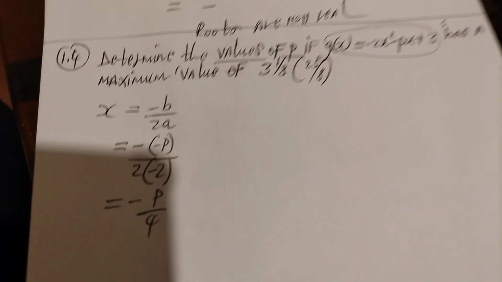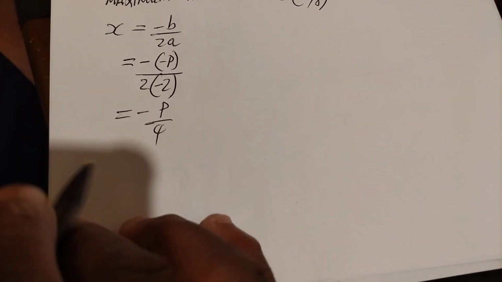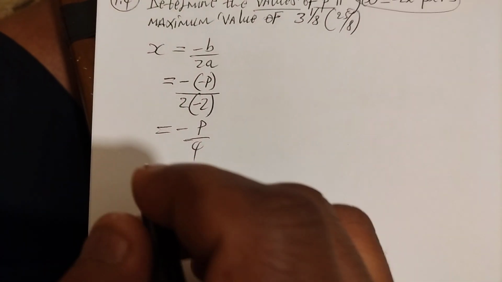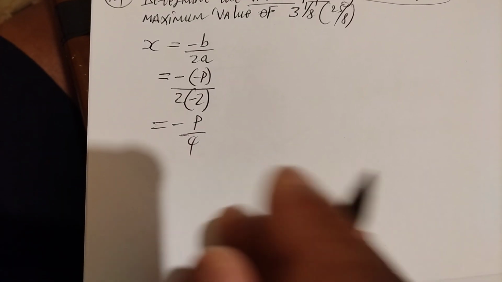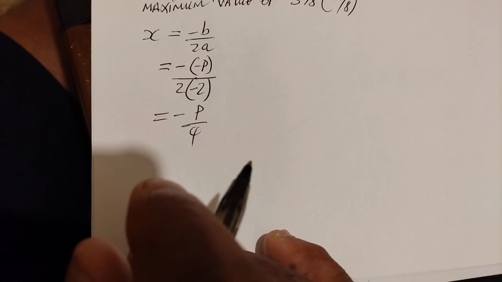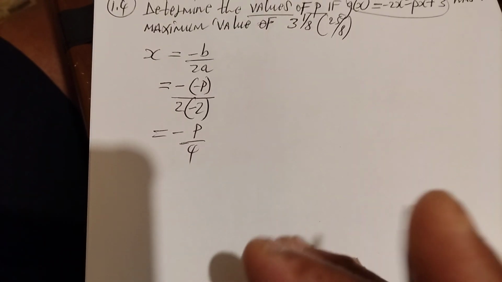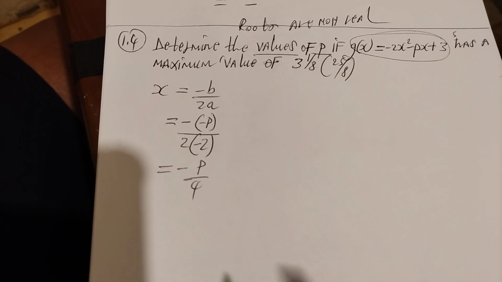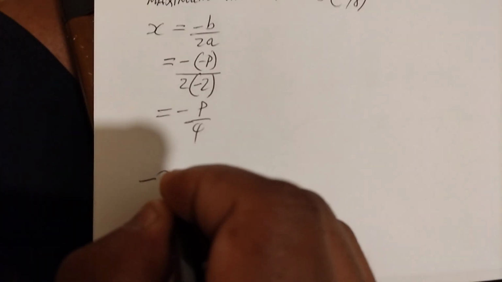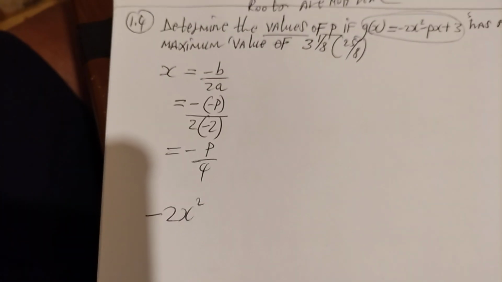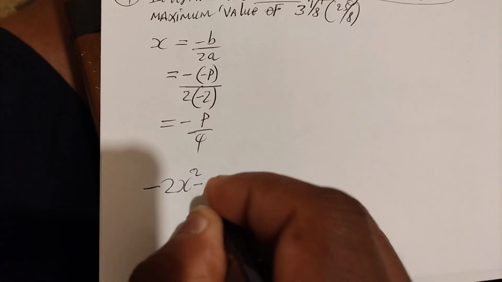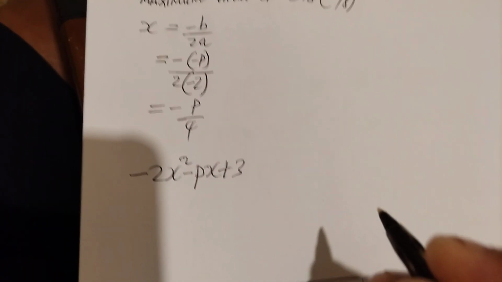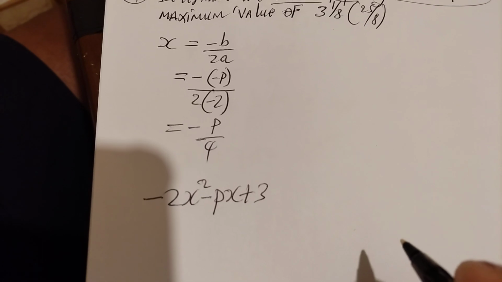Okay, so I'm just going to put this down at this point. Remember, the equation, you can think of it as y. I'm going to take it as it is there, and put the maximum on the other side. So it's -2x² - px + 3.